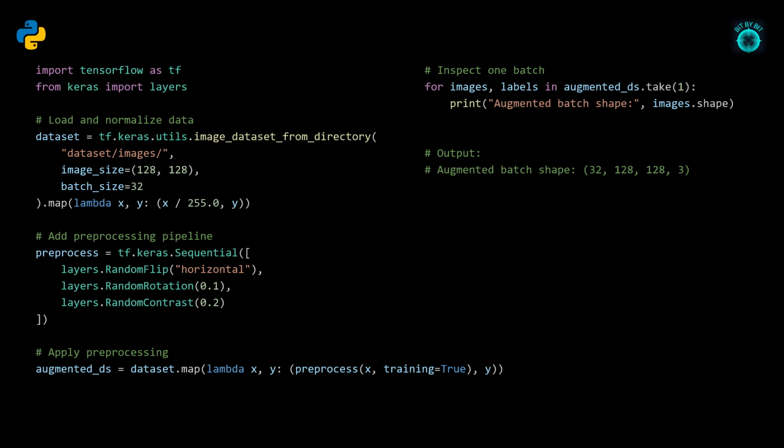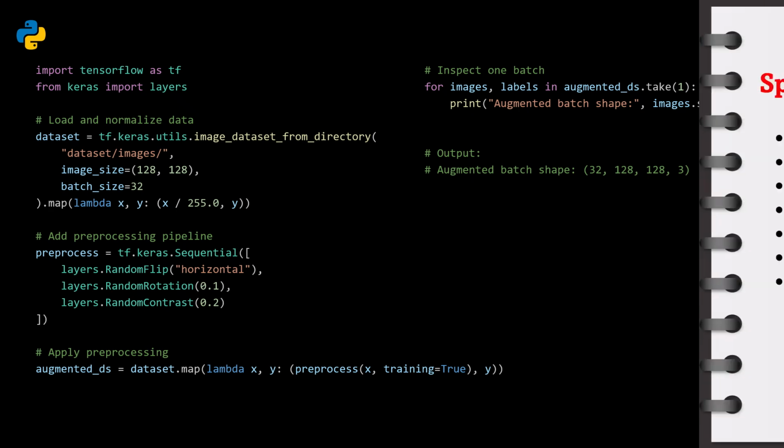Finally, we apply the pre-processing pipeline to every batch using the map function. This setup ensures that normalization and augmentation happen dynamically, directly on the GPU during training. It's clean, fast, and production-ready, exactly how image pre-processing is done in professional deep learning projects.